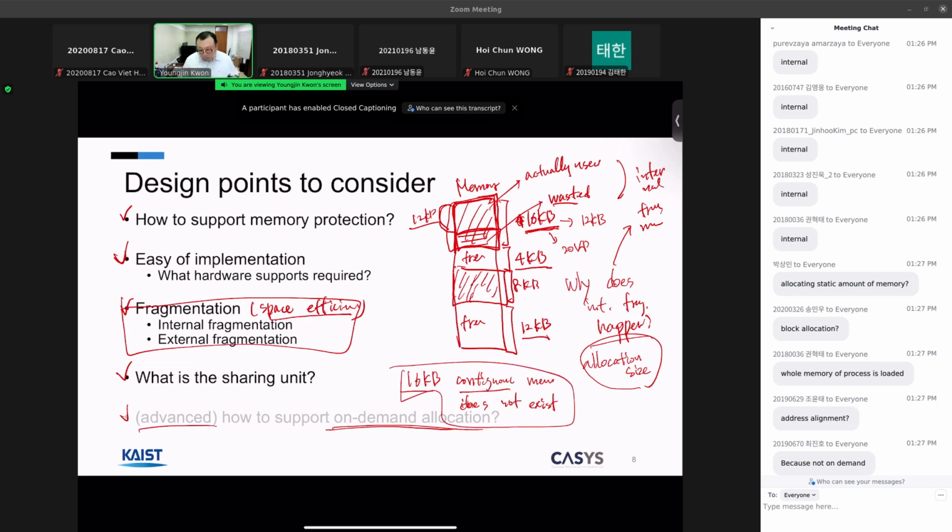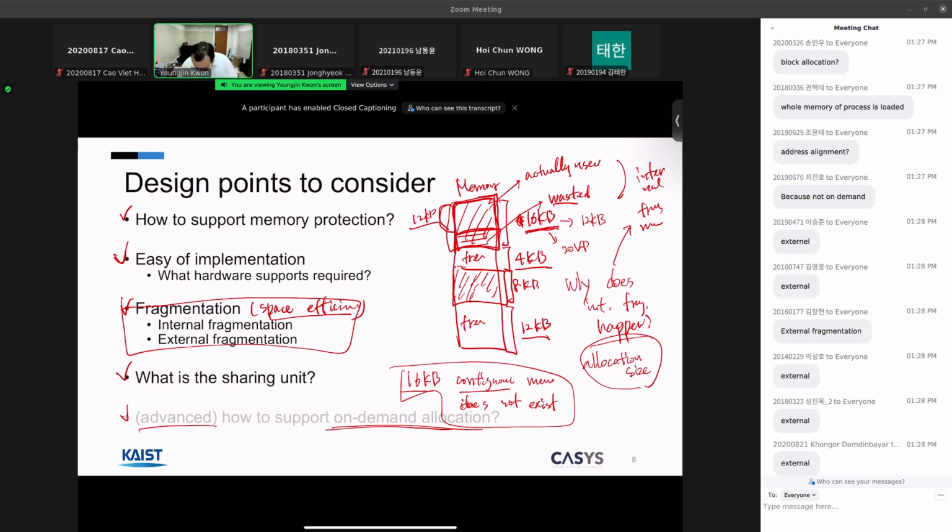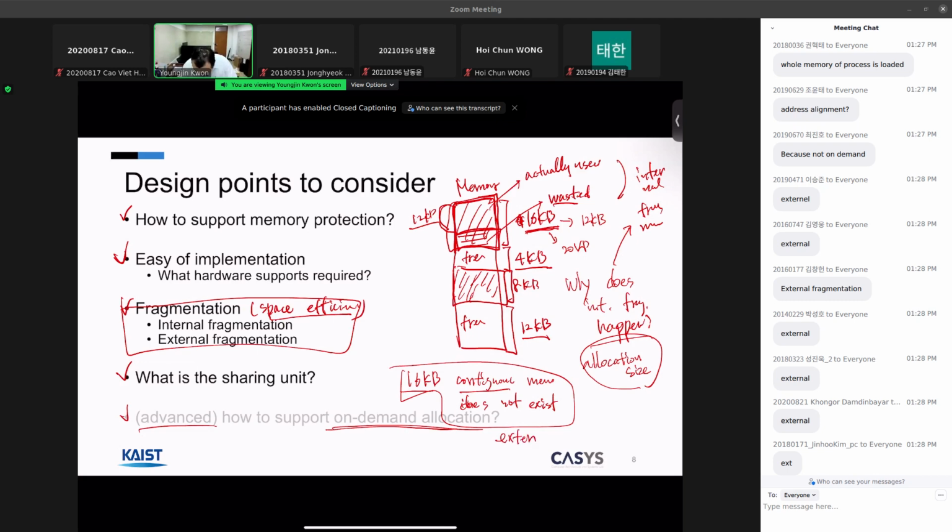This problem is called external fragmentation. So I described that internal fragmentation closely has to do with allocation size. External fragmentation is when the total amount of free memory available is 16, but because it is not contiguous, the operating system cannot allocate it.